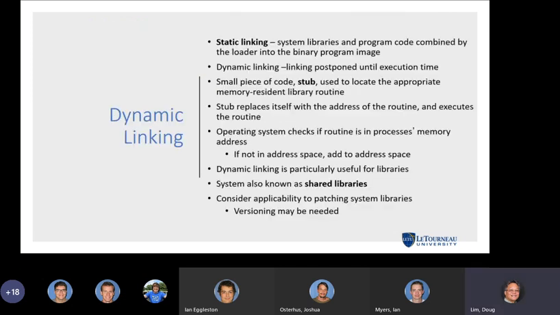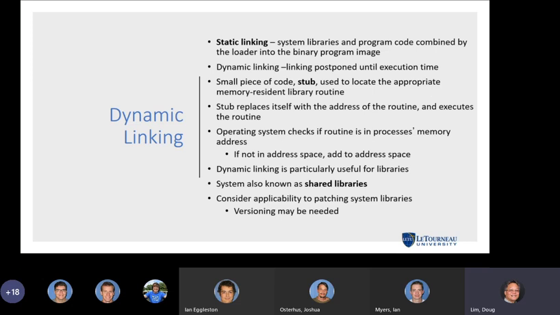Dynamic linking. This is the dynamically linked libraries I was referring to earlier. System libraries and program code are combined by the loader into a binary program image. In dynamically linked libraries, a small piece of code called a stub is linked in, which is used to locate the appropriate memory-resident library routine.